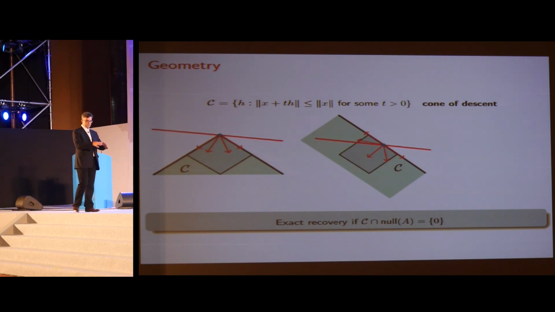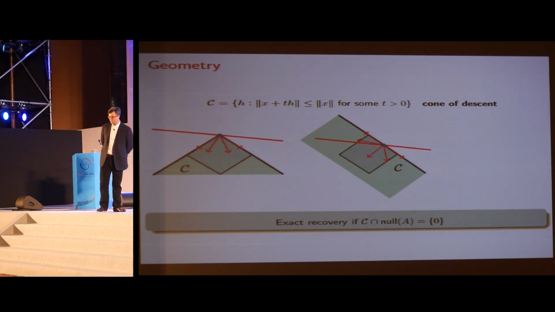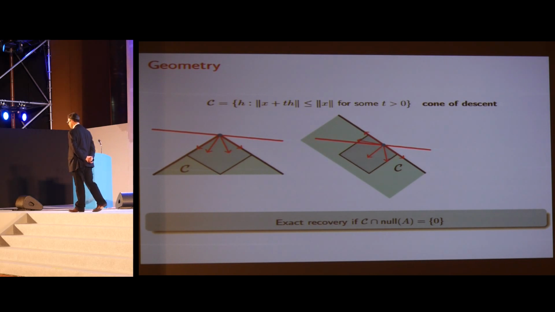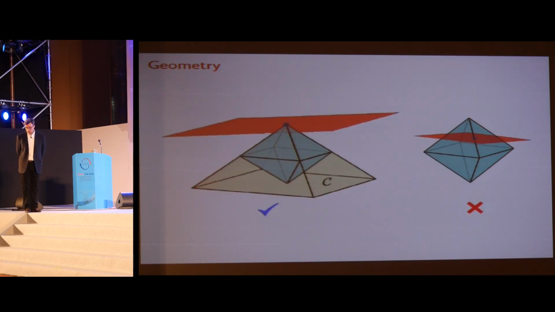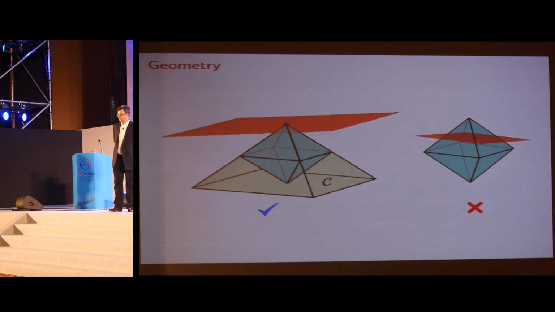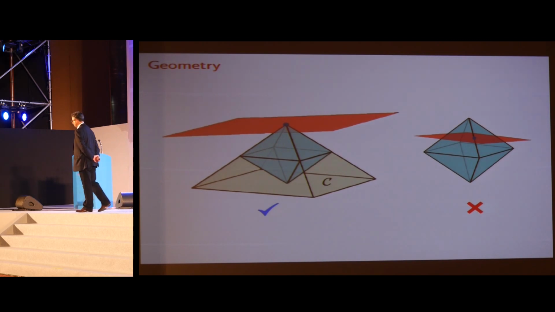So when the cone of descent misses the null space, I've got perfect recovery. And when it doesn't, it fails. On the left, the cone of descent misses the null space, so we have perfect recovery. On the right, it doesn't, and so it doesn't work.